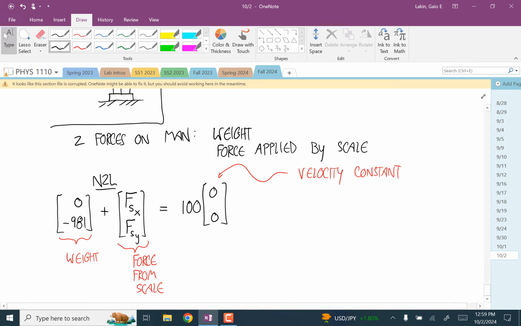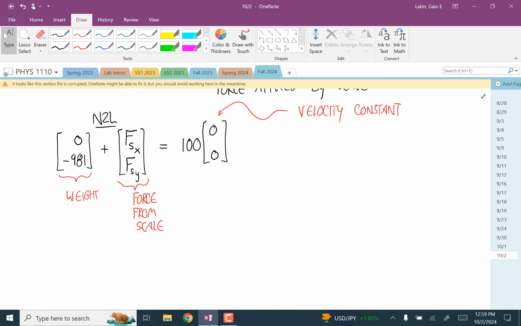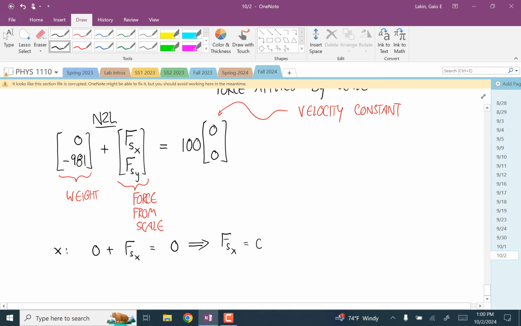And now I'm going to think of this as two separate equations, an x equation and a y equation, to calculate those components. The x equation says 0 plus Fsx is equal to 100 times 0. So 0. And this tells us that Fsx is equal to 0.